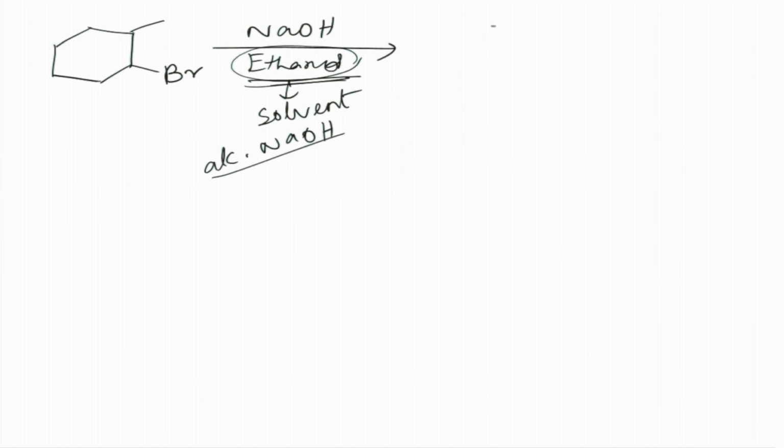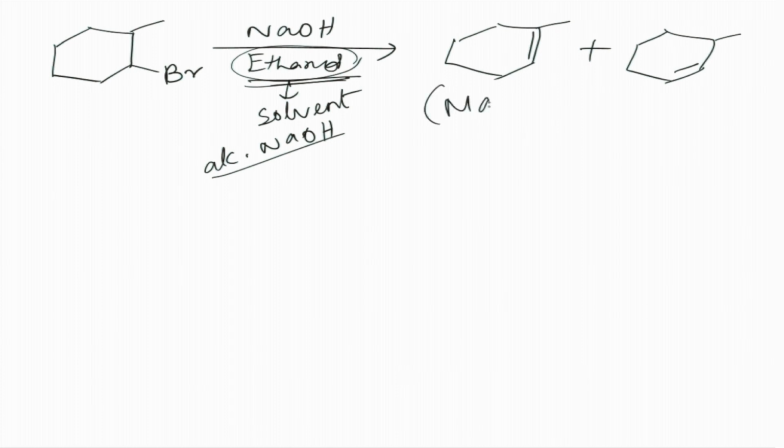In this case also there are two possibilities. One is this and another possibility is this, but since we will take the more substituted alkene, this will be the major product because this has 3 substitutions.